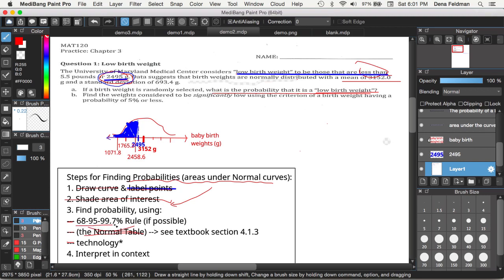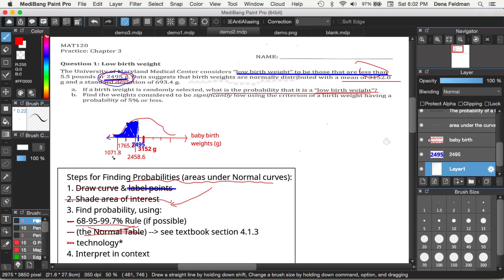We can't use this rule because this 68, 95, 99.7% rule only applies for numbers that fall exactly on these key 7 points, these 7 red lines.